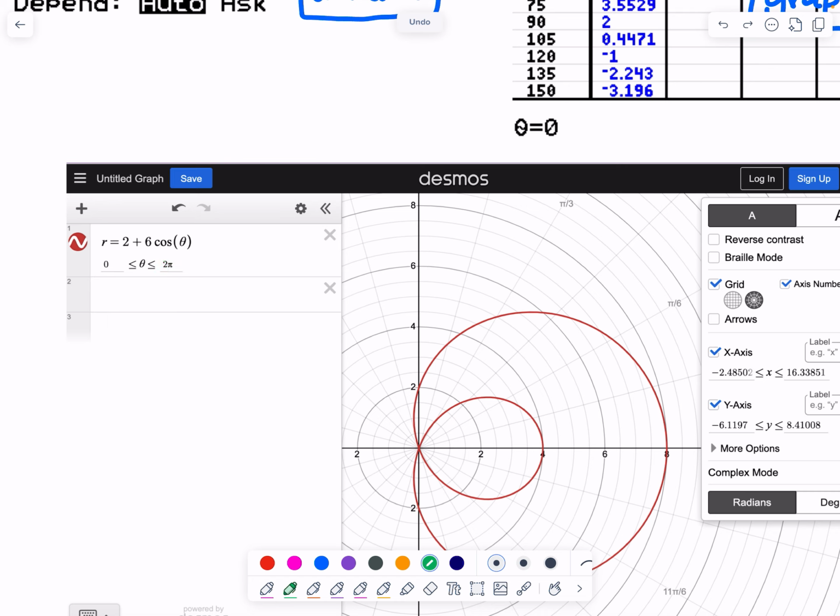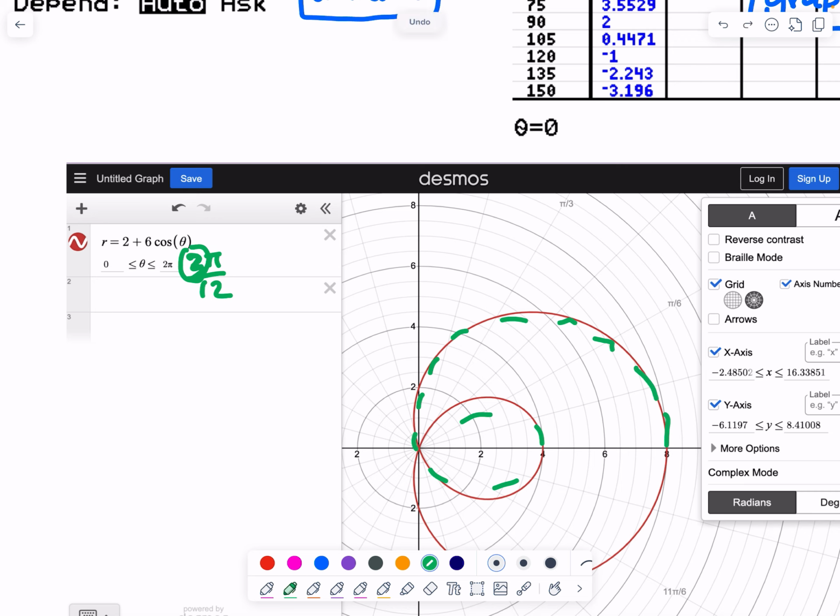Then you change the pi over 12 to 2 pi over 12, 3 pi over 12, 4 pi over 12, 5 pi over 12, 6 pi over 12. You increase this until you reach 2 pi, which is 24 pi over 12. You will see that the graph goes one step at a time, and eventually it will finish the whole graph.